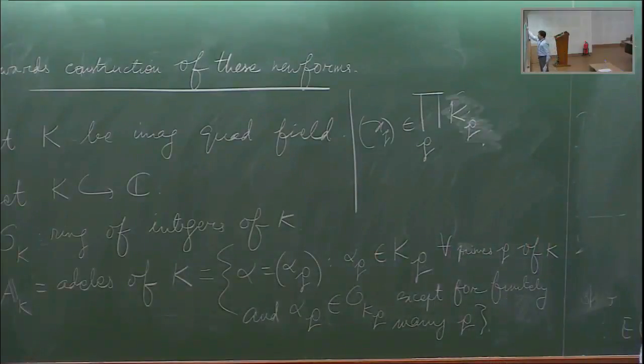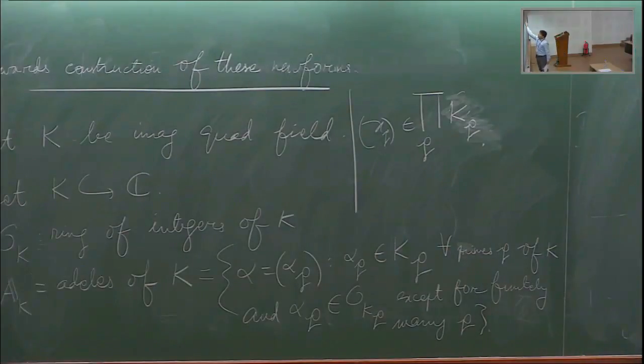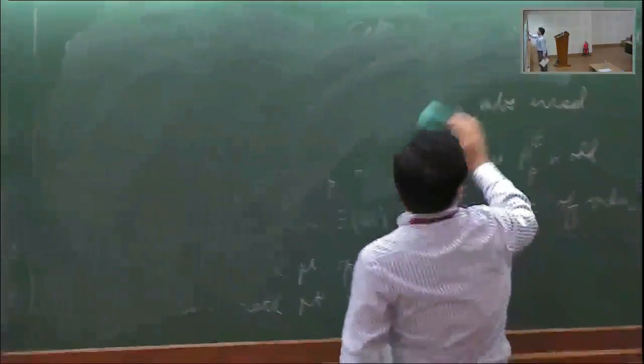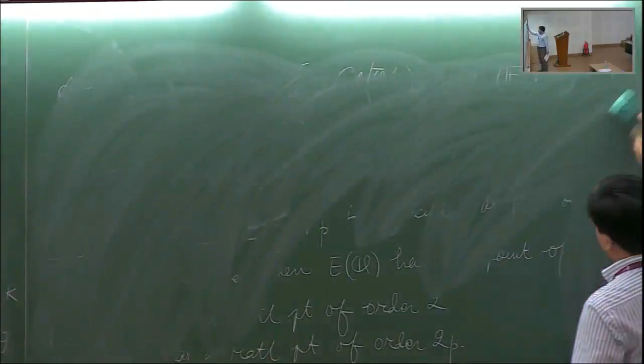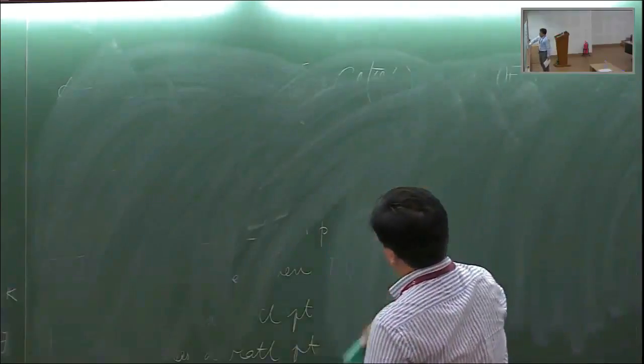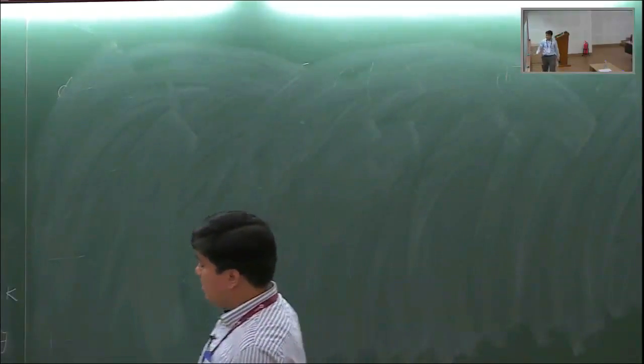Now I'm going to define what a Hecke character is, and attached to that Hecke character, I'm going to attach a modular cusp form. And once we do that, we show that these new forms are nothing but those which arise out of Hecke characters.